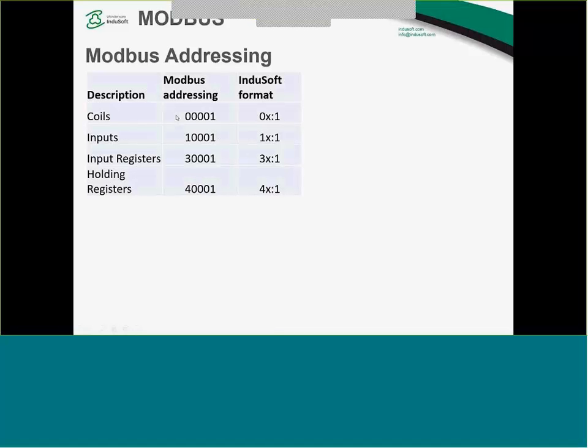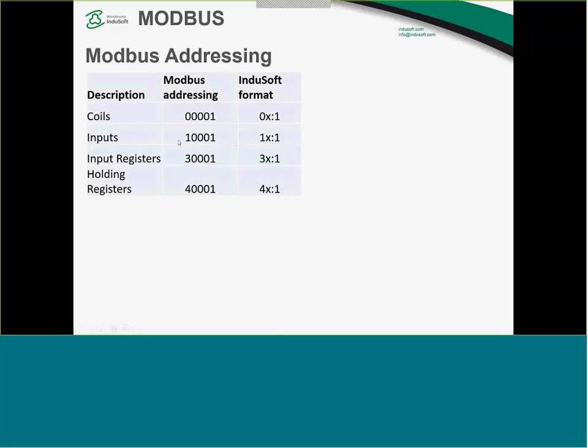The number of digits here varies depending on the manufacturer. For Schneider Modicon, old Concept PLCs or 984 CPUs, we had only 5 digits for the addresses. Nowadays, we have some with even 7 digits on the address. Well, if it starts with 0, it's going to be a coil, read-write.